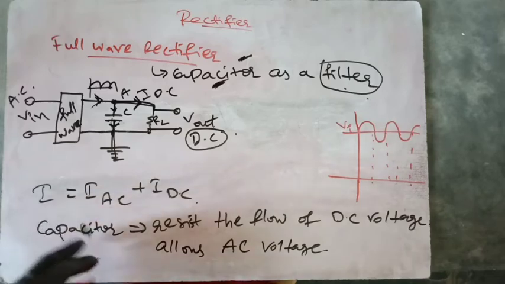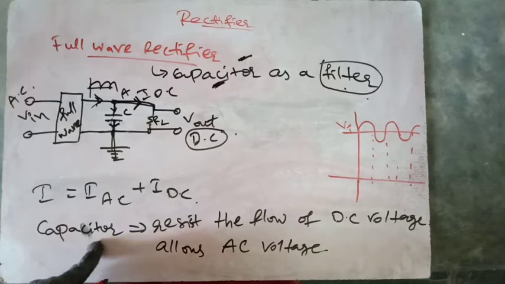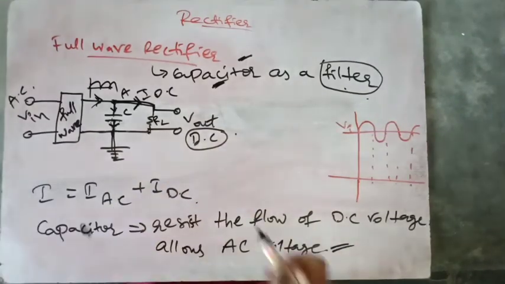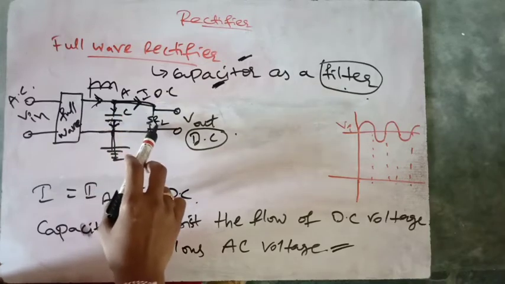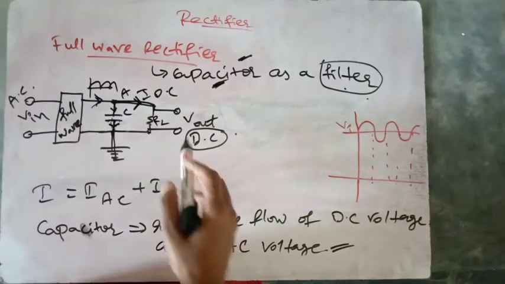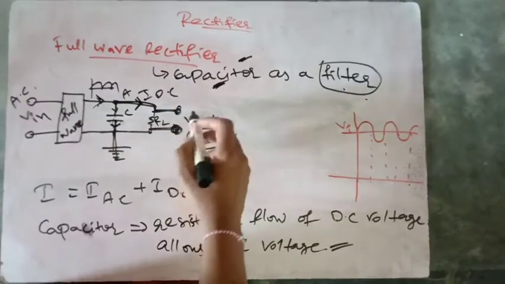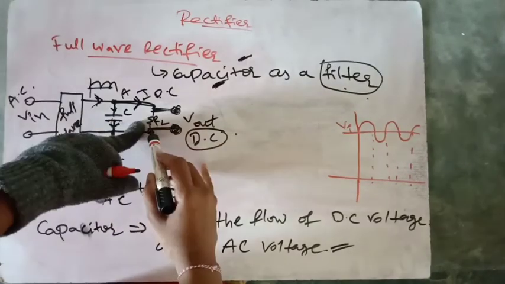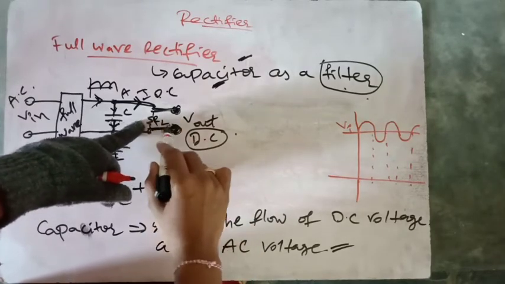So by using the capacitor as a filter, we remove the AC current by earthing this capacitor, and we allow the DC current to pass through the load resistor RL, and we obtain the output voltage across this load resistance.